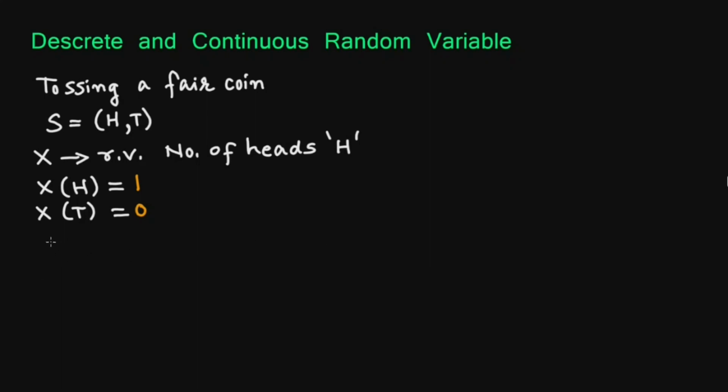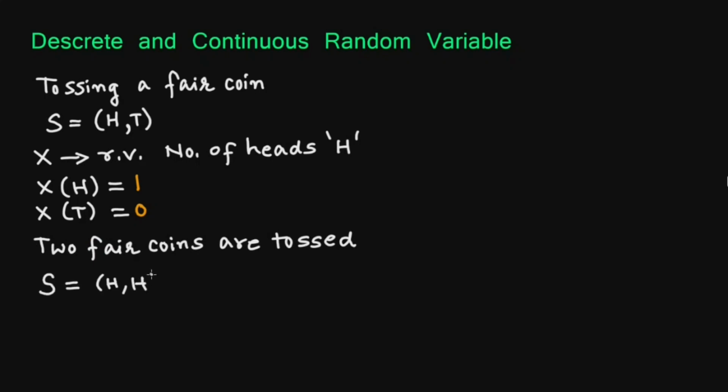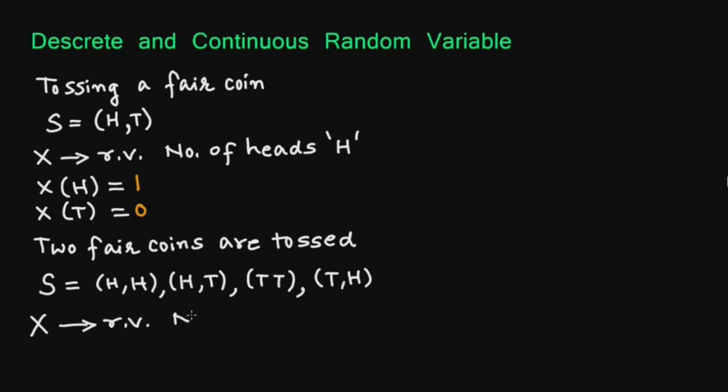In another experiment, if two fair coins are tossed, then the sample points in the sample space S will be HH, HT, TT, and TH. Now let X be the random variable that denotes number of tails as the outcome. Then we have X of HH equals 0 because we do not consider heads.